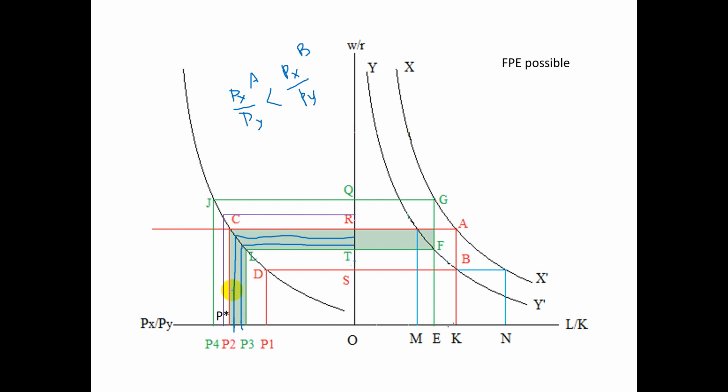So as trade opens up, then it will be exporting X. So prices will be equalized and accordingly factor prices will be equalized. So as long as the two pre-trade commodity prices lie in this zone, then the factor price equalization will be complete.